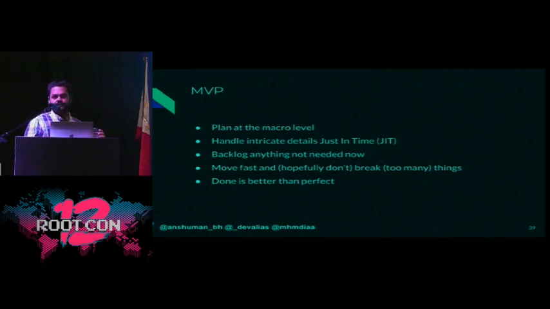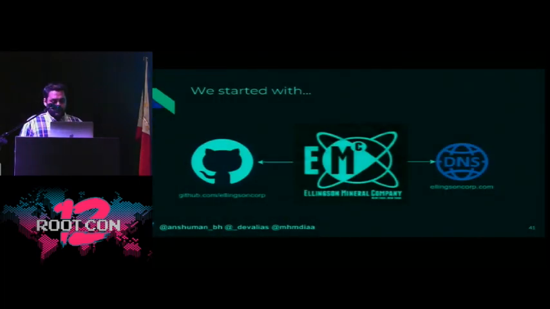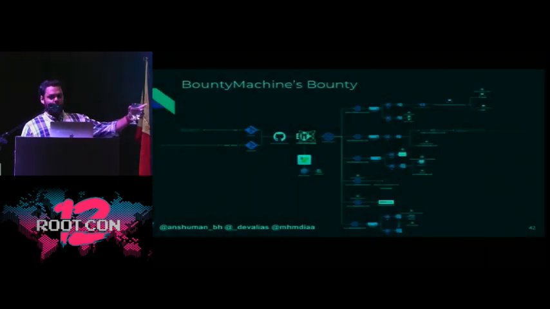We built this entire thing in different stages, and if anything seemed more complicated, we just kept it aside and came back to it later. So that was something we learned. And the fact that we're supposed to move fast and not just break anything, right? And eventually, we started with this, and this is what we ended up with.